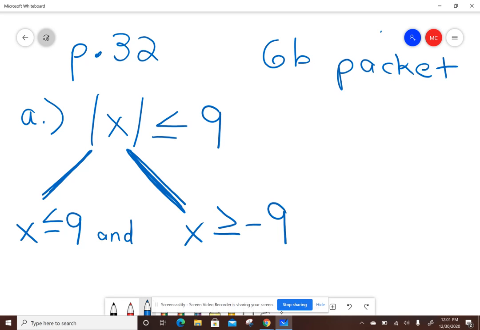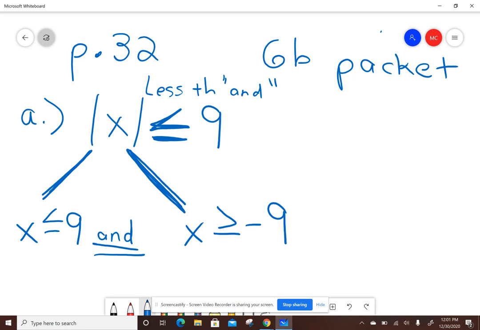Now, because this was a less than, we knew that once the absolute value sign is isolated and it's an inequality, if it's a less than inequality, it's going to result in a compound "and" inequality.